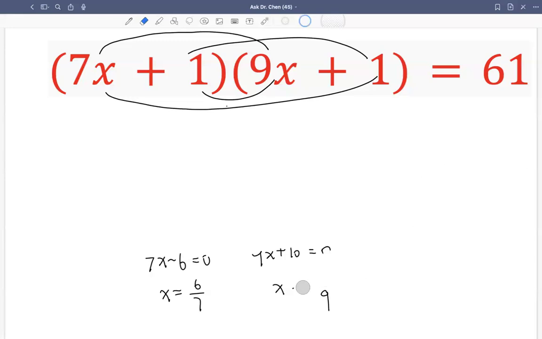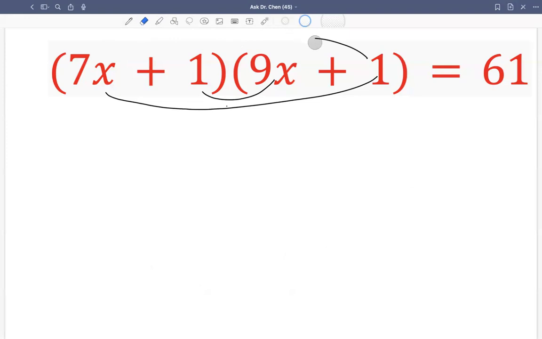We still use algebra. Some people would call this, simple way of solving equations. Let's see if this is simple. It may be simple for some people, may not be simple for some other people. Okay, so another way is this.